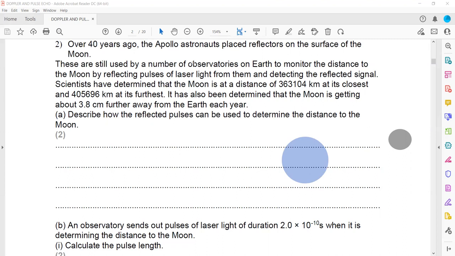So for example, the astronauts placed a mirror on the moon, and a laser pulse is sent. When it bounces back, we receive that, and we can use it to determine the distance between the moon and the Earth.